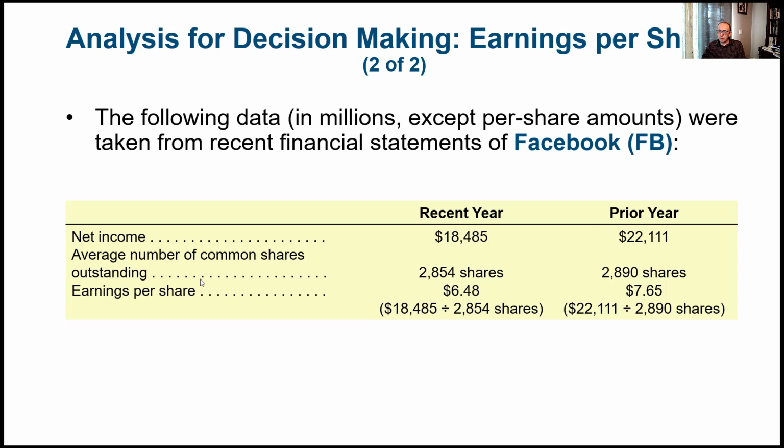The average number of common shares outstanding was already given to us as 2 billion shares. For last year it was about the same value, slightly higher. So by dividing these numbers, you see that for the recent year, the earnings per share is $6.48, and for the previous year it was $77.65.